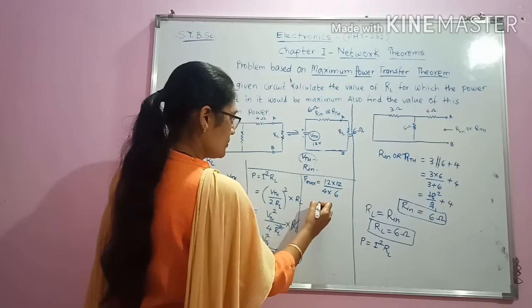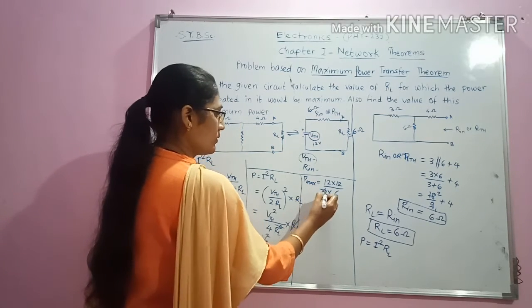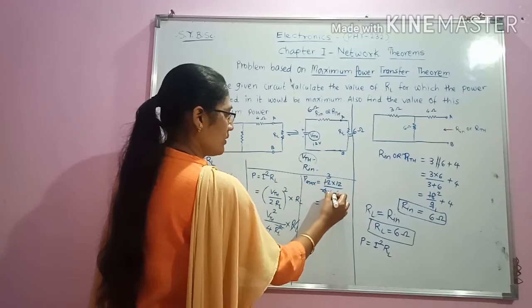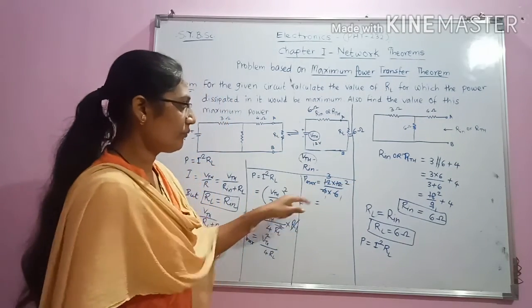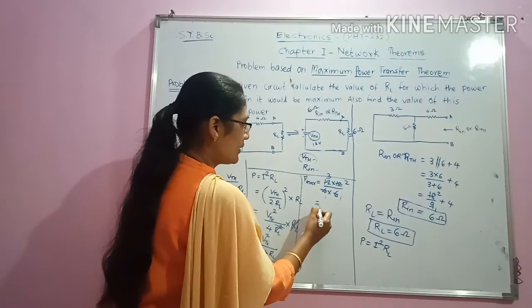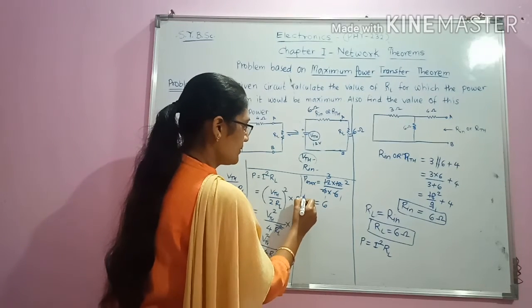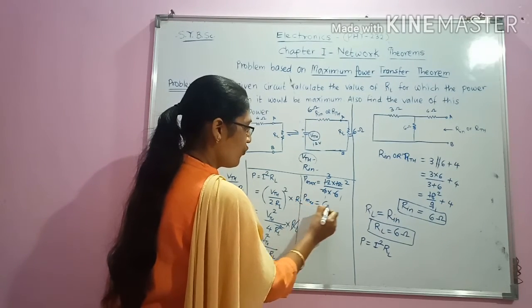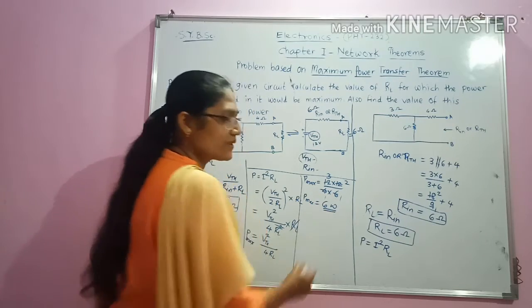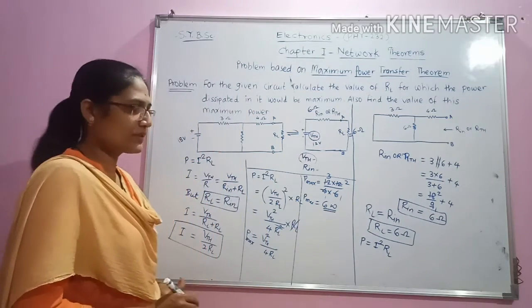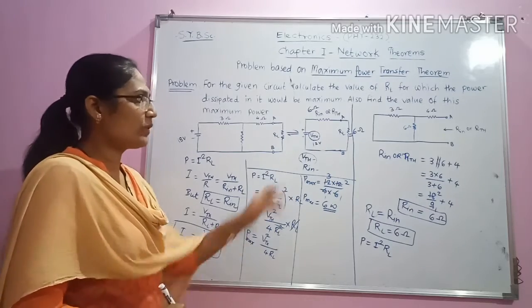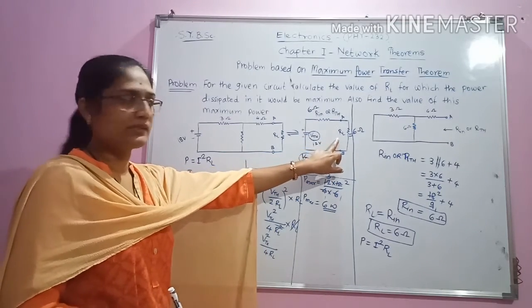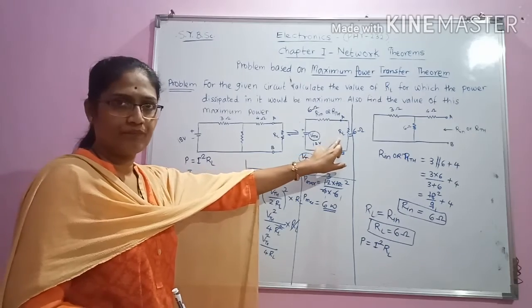So it gives us the value as 6 watt. 6 watt is the maximum power which is dissipated or observed across the load resistance RL.